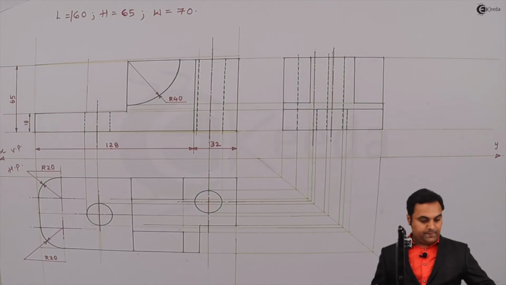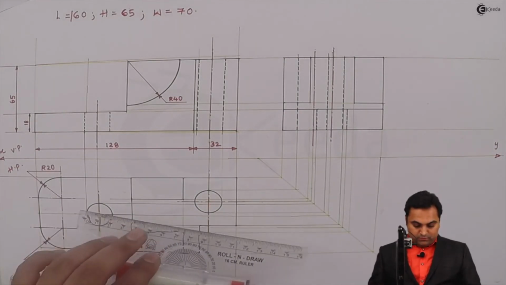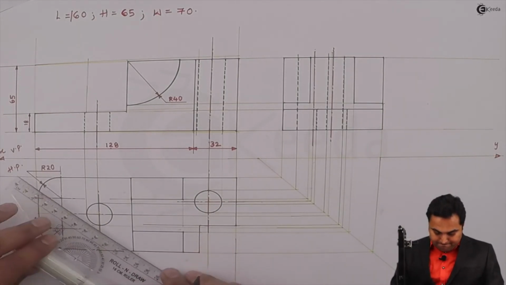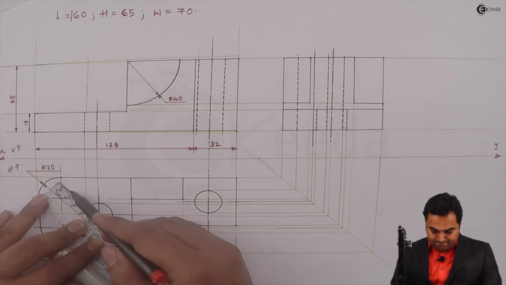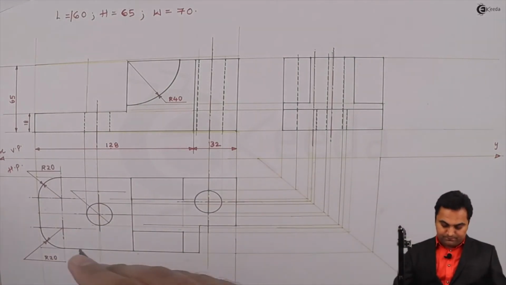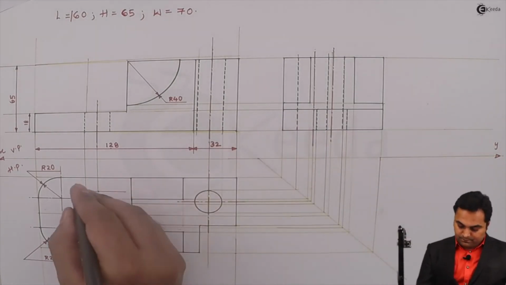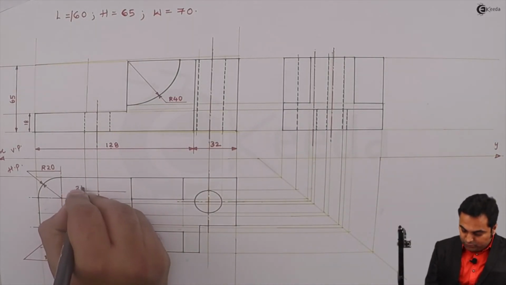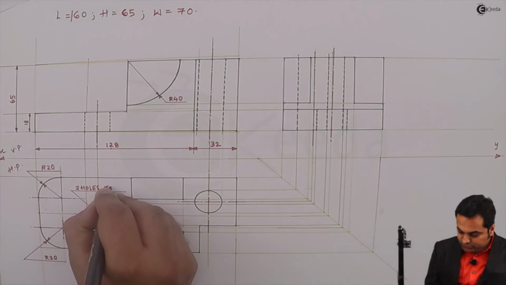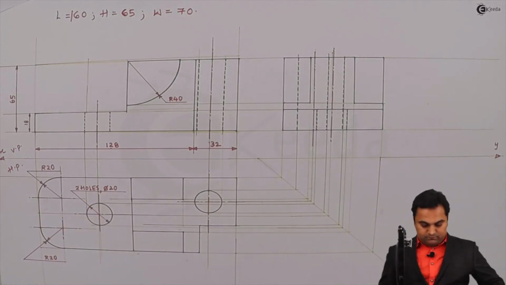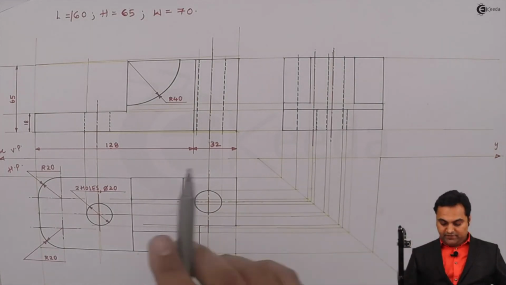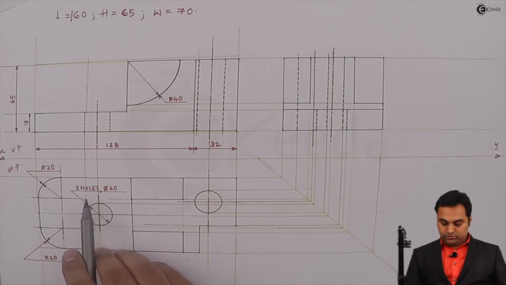Radius 20. Then for these circles, I can give the dimension in this way. That two holes having diameter 20. So there is no need of giving the dimension to the other hole. I have written here there are two holes.